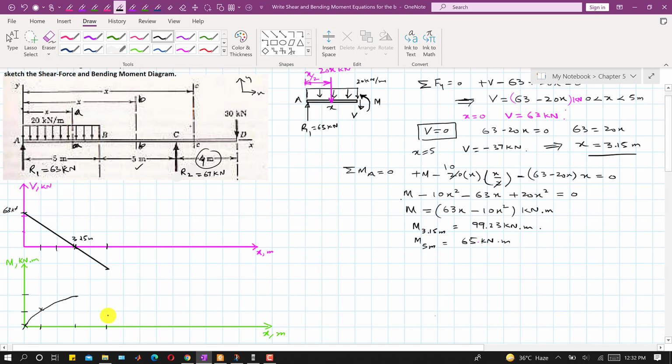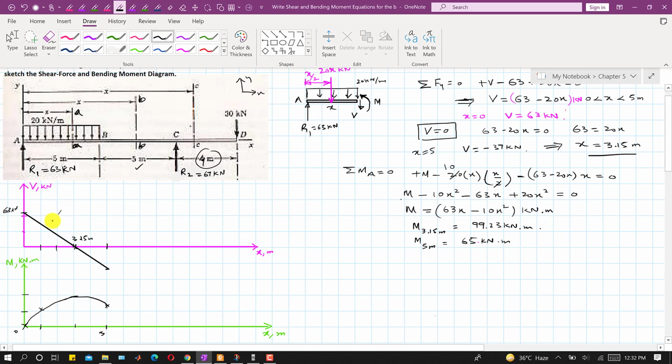So this is x equal to 5, this is 50, so 65 will be somewhere here, right? So then we can join it like this. So this is the bending moment curve from x equals 0 until x equals 5 meters, right?